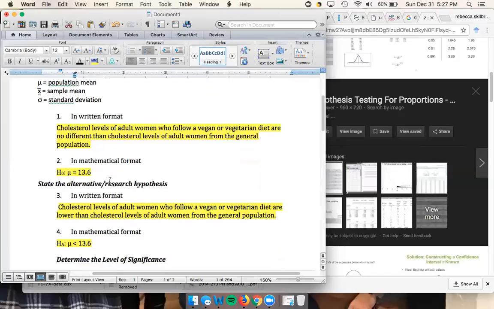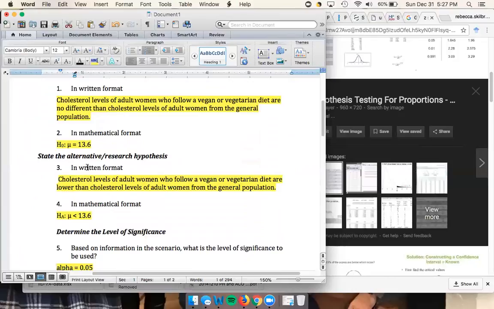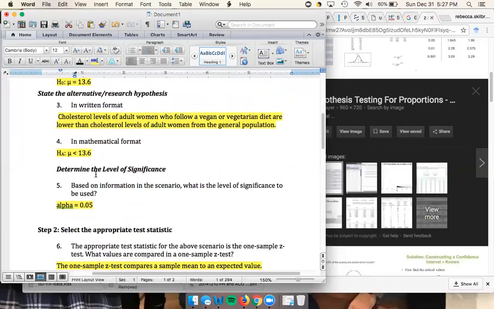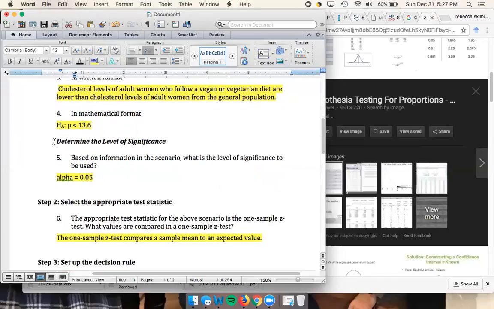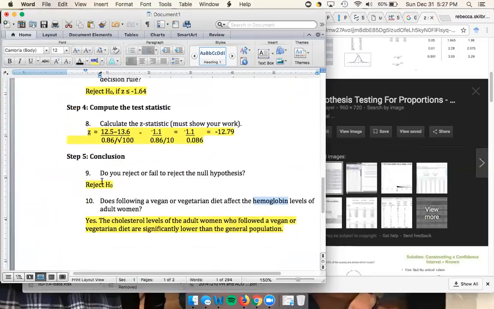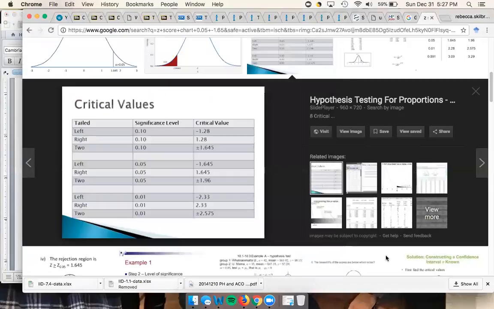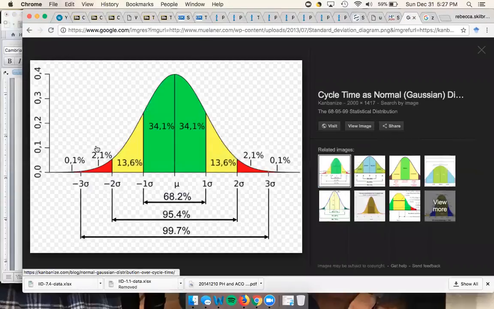This is the reason why I explained earlier that you use the population mean: you're comparing your test group, these people following the vegan or vegetarian diet, to the population mean, because that is the hypothesis that we happen to be testing. And here we want to make sure that it's lower. That's why this is a less than sign. And that's also why we're using negative symbols, because we're doing the left side of that tail right here.